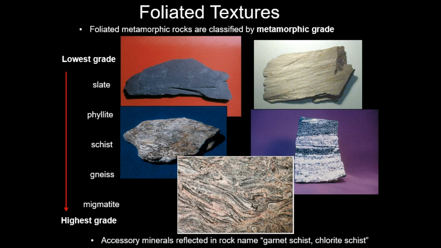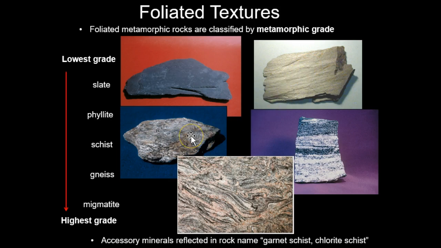So I would also like to point out from the slide the specific rock for each of the different textures. Hopefully you will be able to do it, but again, this is going to be the slate, this is going to be the phyllite, this is going to be the schist, this is going to be the gneiss, and this is the migmatite. So you see that in slate, no visible grains, it's kind of dull looking. The phyllite, it starts getting a little bit of a glossy sheen to it.